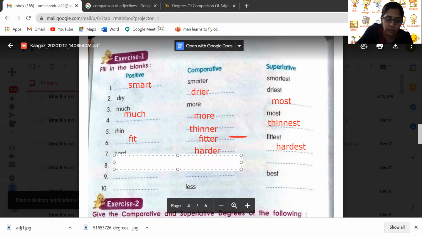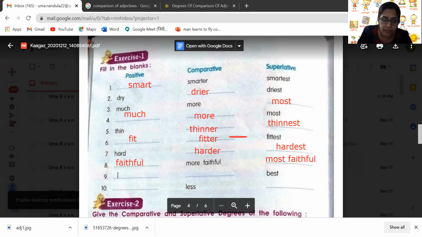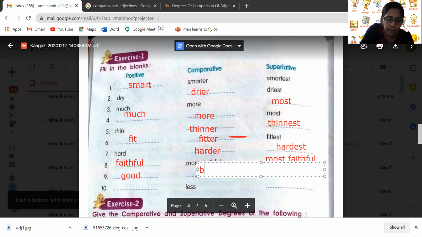More faithful. So here simply faithful, more faithful, and most faithful. We have the most faithful servants in our house. Dash. Best I said, no? So good. This you have to remember. Good, better, best. Okay.